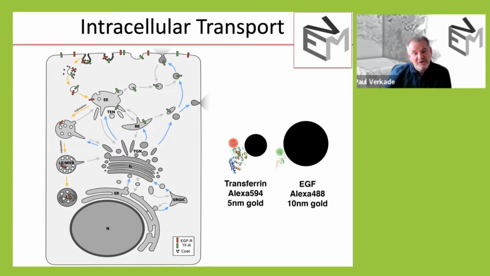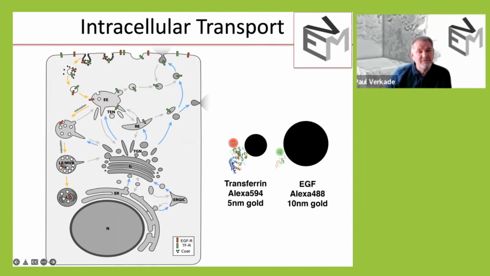And so a long time ago already, we were looking at the endocytosis of material from the outside. So if we take, for instance, the EGF receptor here, that's internalized via clathrin-coated pits, ends up in the early endosome, and then that signal, the EGF, because it's telling the cell to divide, needs to be degraded.